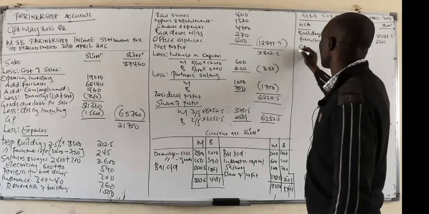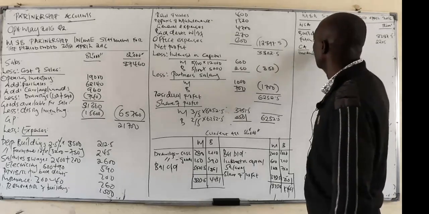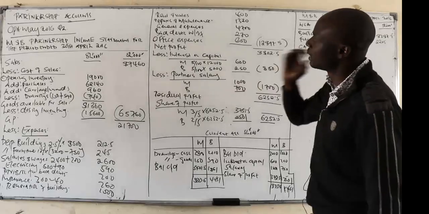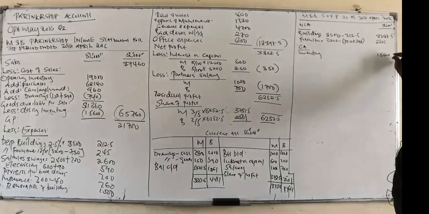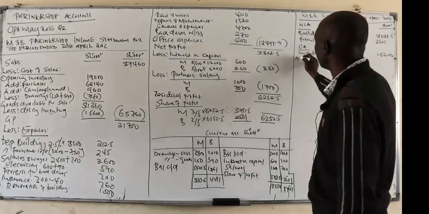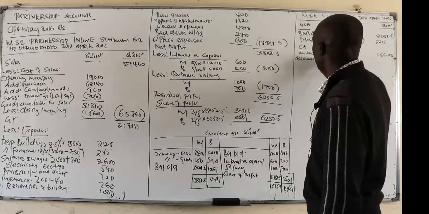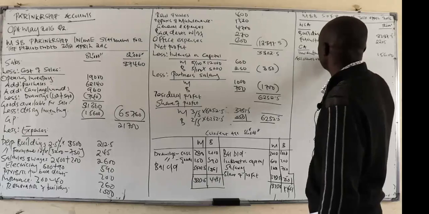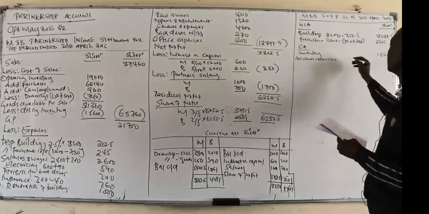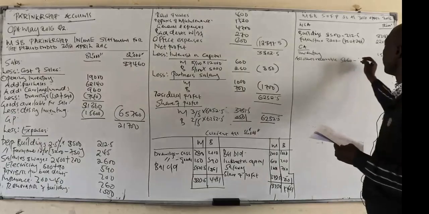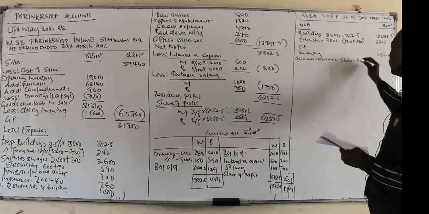Then here we write current assets. We start with the inventory. Inventory is 15,600. So you write here 15,600. Then we have accounts receivable. What is the value? 5660. And then you minus provision, the closing balance of provision.